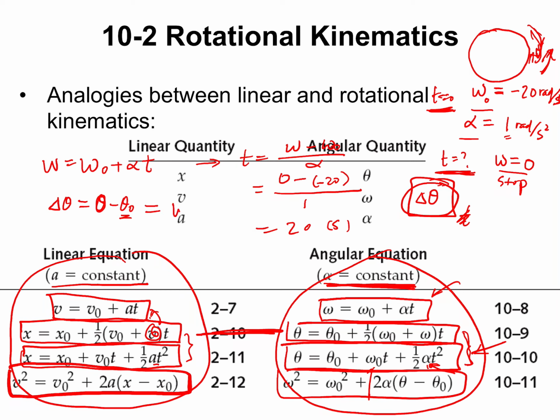So this equals omega naught t plus 1/2 alpha t squared. Omega naught is negative 20 times 20 plus 1/2 times 1 times 20 squared, 20 seconds. So this is negative 400 plus 200, so this is negative 200 radian.